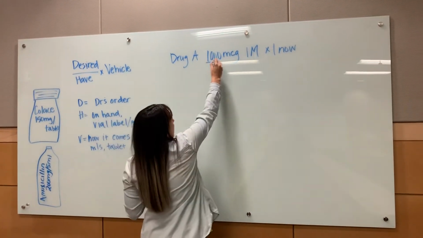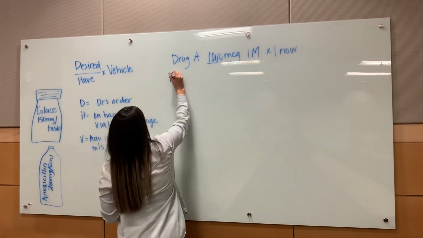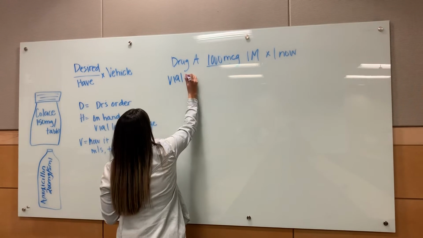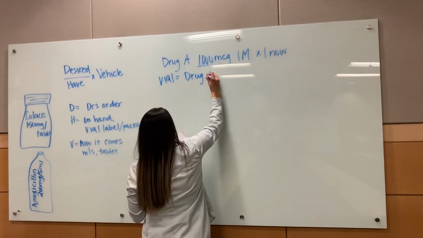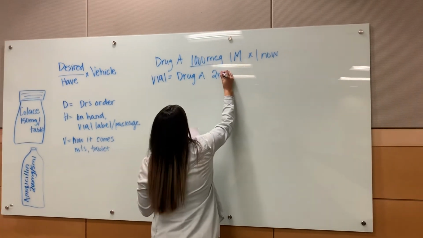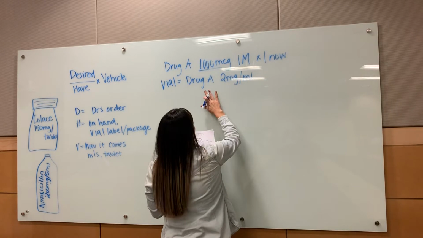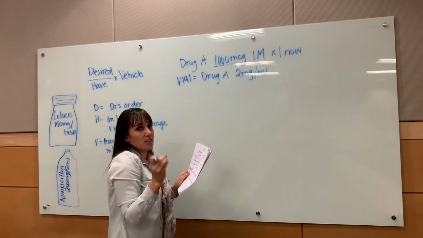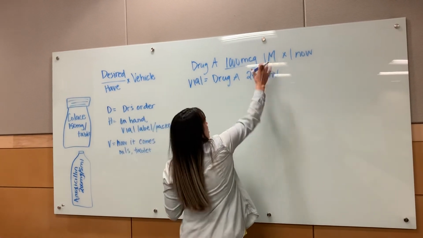This is really all we care about with doing a drug calculation. And the vial or the package says drug A is 2 milligrams per milliliter. So how many mils is the nurse going to draw into the syringe in order to give this IM injection?